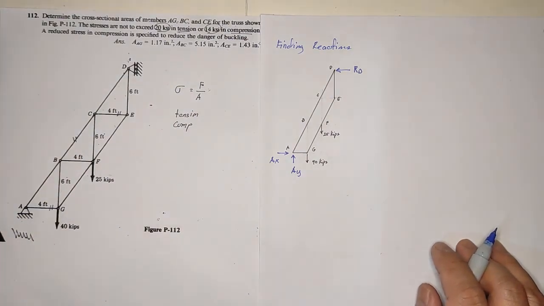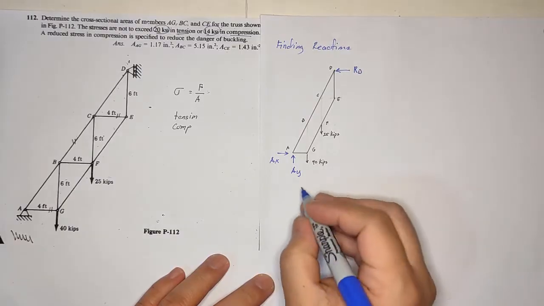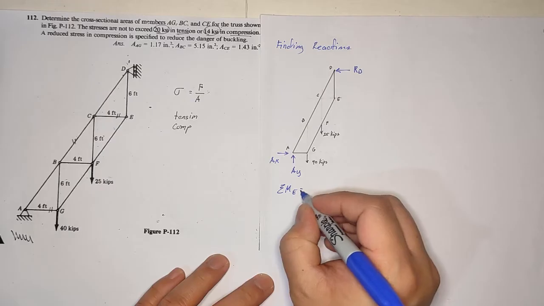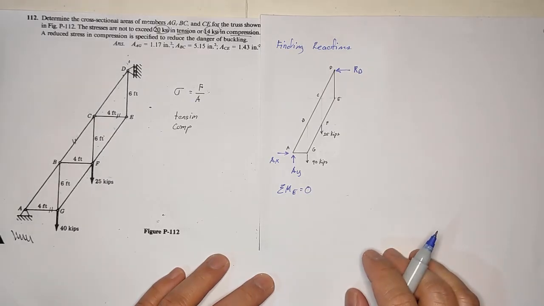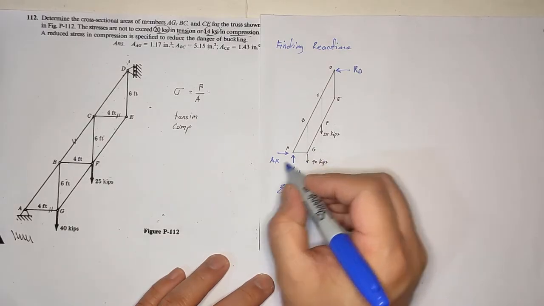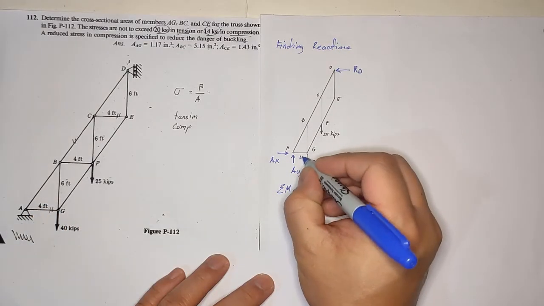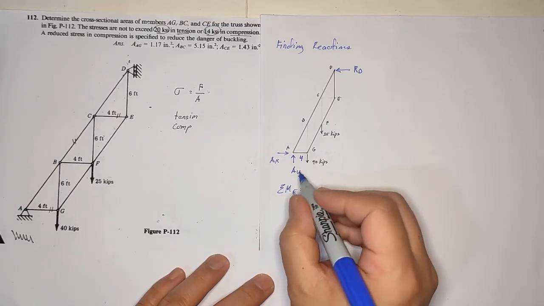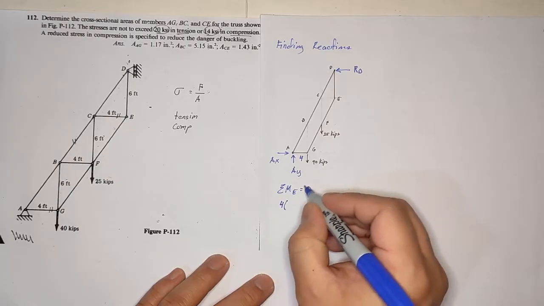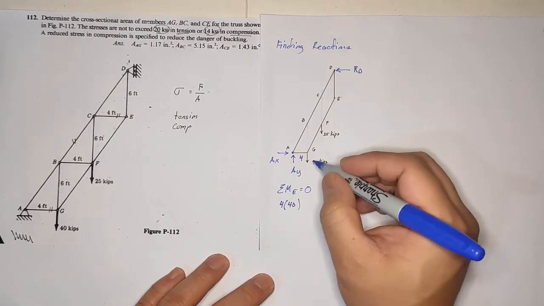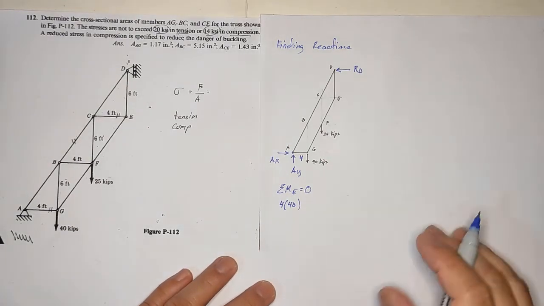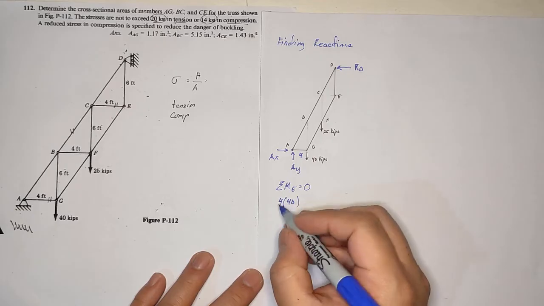To find RD, I will take summation of moments at point E equals 0. You have here, this is 4 feet. So I will have a moment here, with distance 4 times 40. It's clockwise, and if it's clockwise, it's positive.